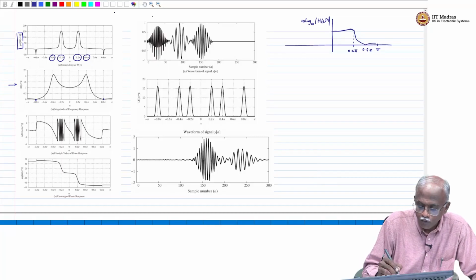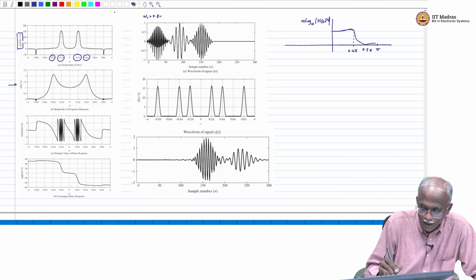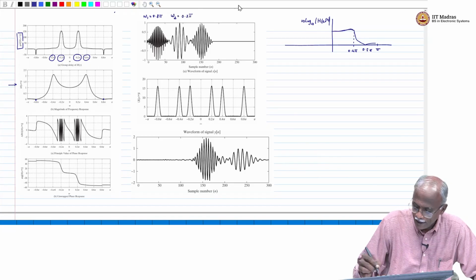And the input that has been given, just like we saw the last time with the Hamming window, is the output of 3 sinusoids, not 2 sinusoids. There is omega 1 which is at 0.8 pi, omega 2 which is at 0.2 pi, and omega 3 which is at 0.4 pi.